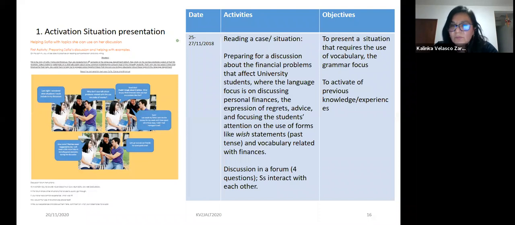This activity was presented in the course in Moodle in a forum. There were 4 questions related to what the students were talking about in the case. The students in the classroom had to read the situation and leave their comments and start a discussion, so they would interact with each other.